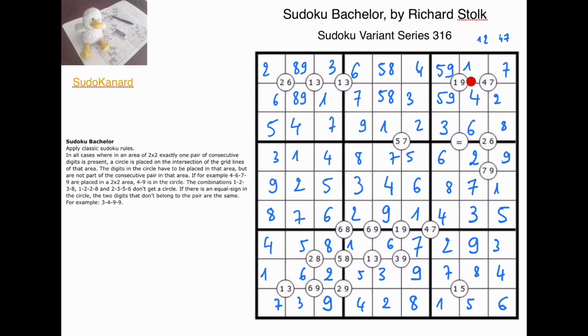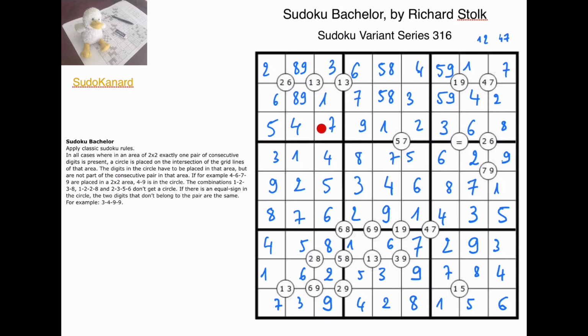We must do something similar with those. What do I see here? No, 1, 2, 3 already. Here, if this is a 4, we have no consecutive pairs. If I put an 8, we have 2 of them, so no circle here, whatever happens.